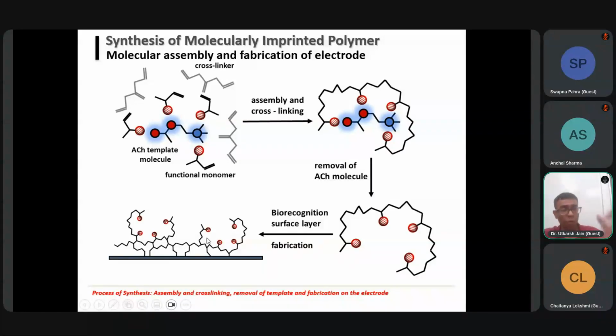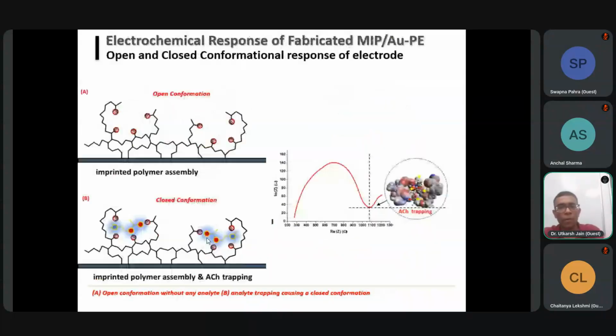As I told you, a polymer can also be a biorecognition element if it has a tendency to selectively bind to a particular molecule. So it's kind of an open and closed conformation. The whole layer of polymer on the electrode surface now has that molecularly imprinted polymer without any template, all associated in a single layer having sieves of the same molecular size.